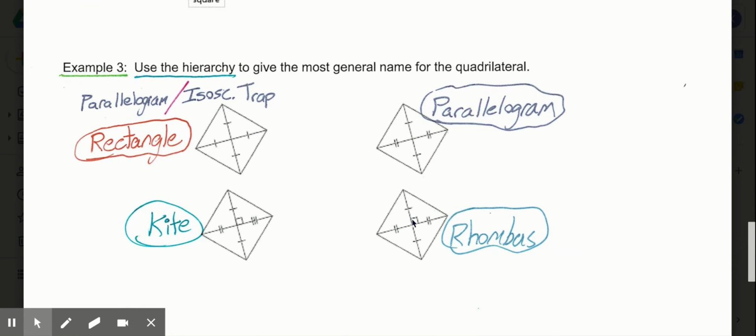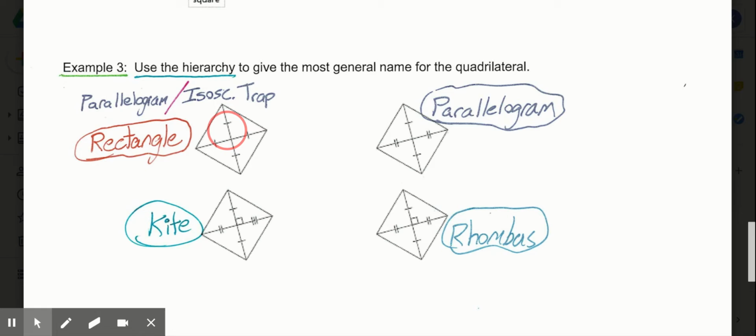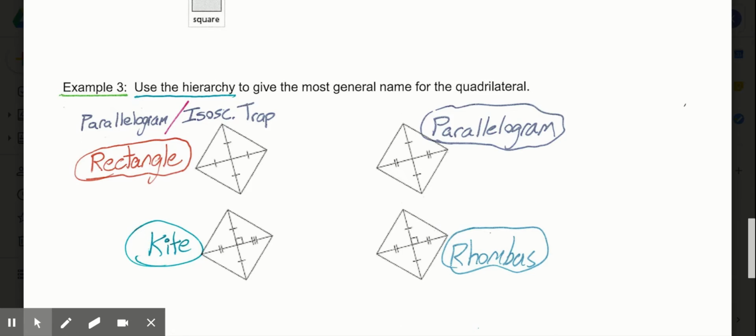So we're going to use the hierarchy to give the most general name for the quadrilateral based on the images here. If we look at this first image, what we know is we have 4 congruent parts, and that tells me that these diagonals bisect each other as well as creates those corresponding parts.